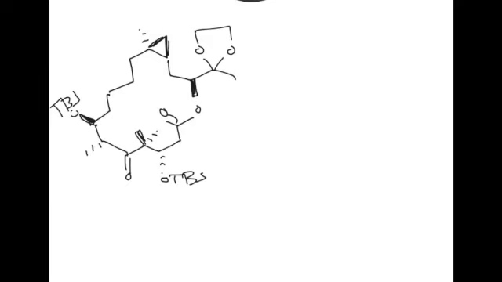So, we have our J. Right? And then they use iron trichloride and water, and they remove the TBS groups, plus they remove the acetal.